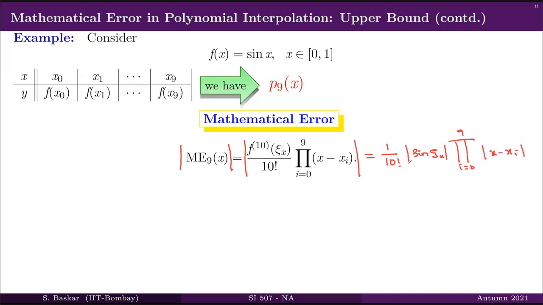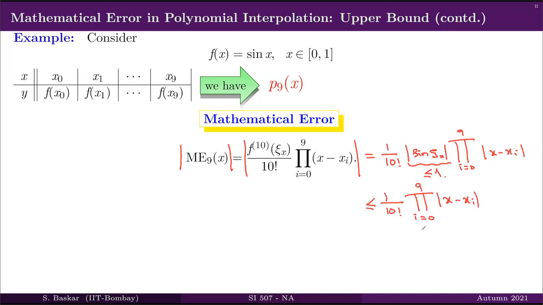Now whatever this xi x may be, we know that mod sin is less than or equal to 1. Therefore, we can write this as less than or equal to 1 by 10 factorial into the product over i equal to 0 to 9 of mod x minus xi.